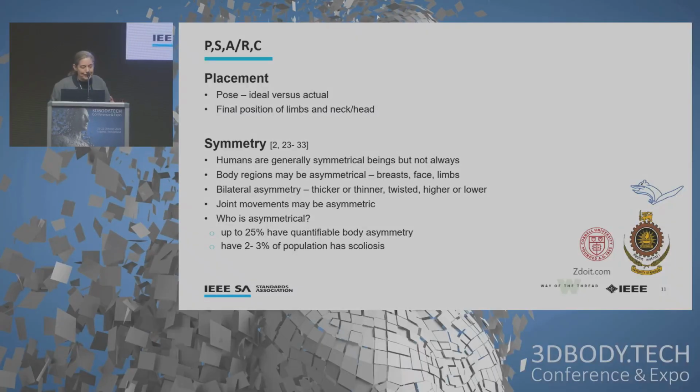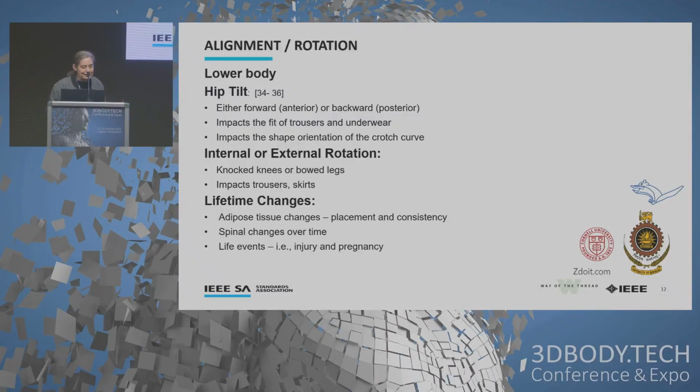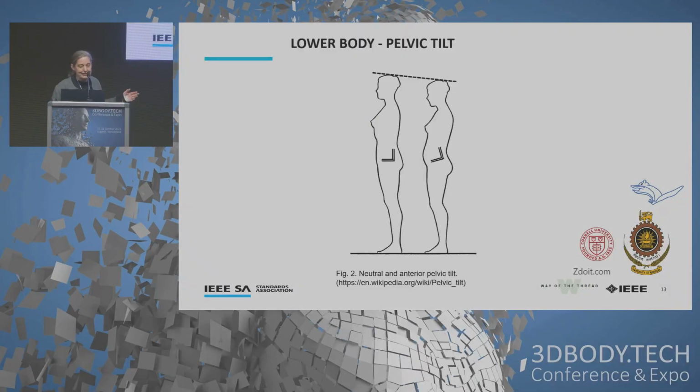And 25% have quantifiable asymmetry, and 2 to 3% of the population has scoliosis. Hip tilt impacts the fit of trousers and underwear. It also impacts the shape orientation of the crotch curve. And you also have lifetime changes. This is an example of a hip tilt, just to clarify what that means.